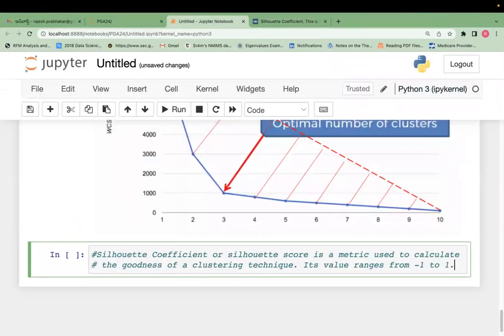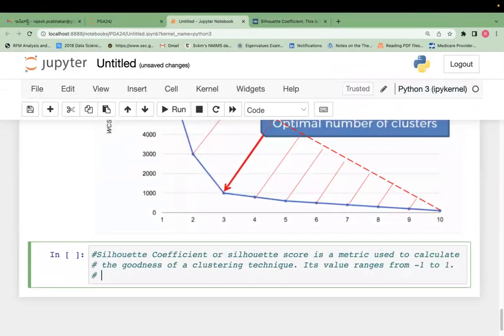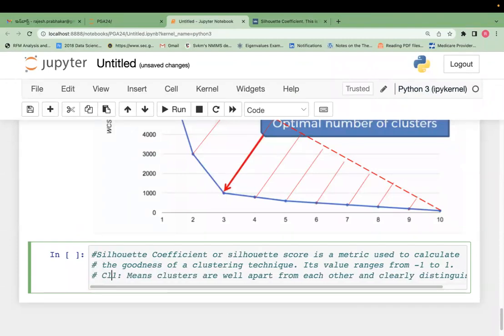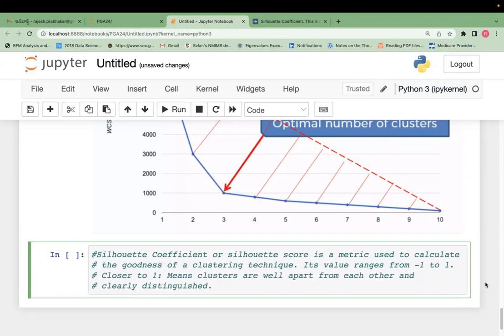Typically, 0.5 to 1 is what we look for. That means your clusters are distinct. They are not touching or overlapping on one another.